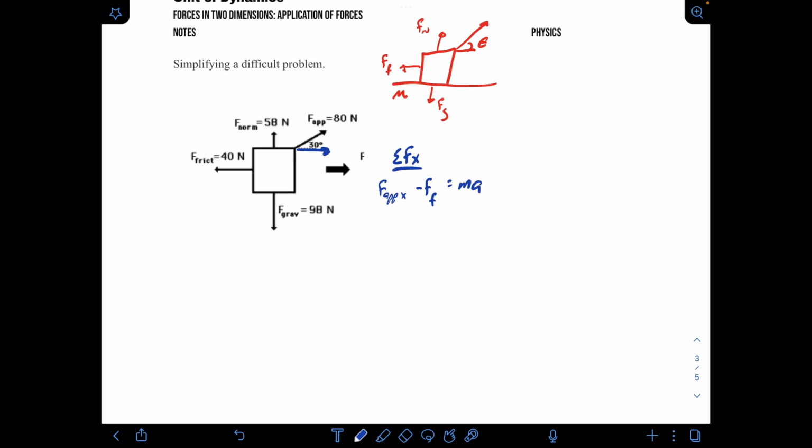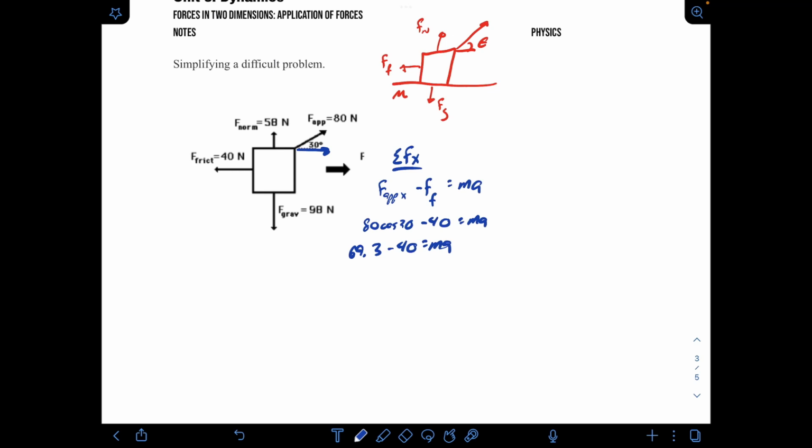So when we work on that, we have this 80 cosine 30 minus the friction force of 40 equals mass times acceleration. So we're trying to figure out if this thing is accelerating or not. Well, 80 cosine 30 turns out to be 69.3-ish minus 40 equals mass times acceleration.